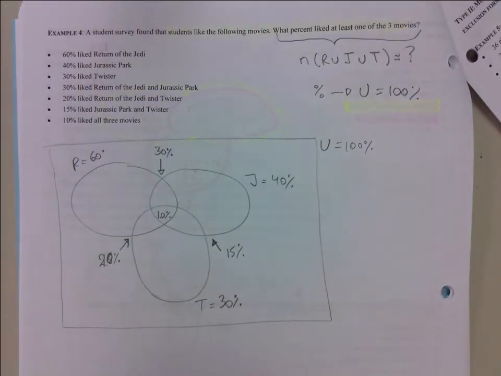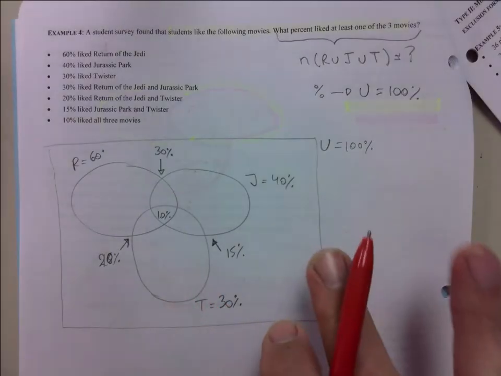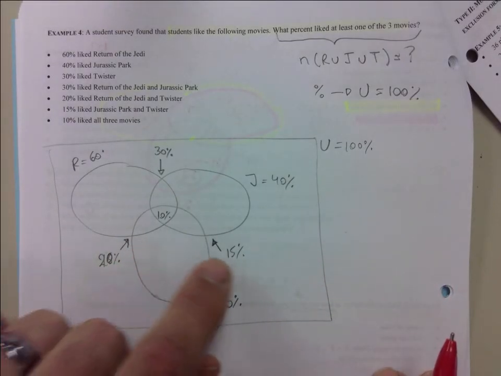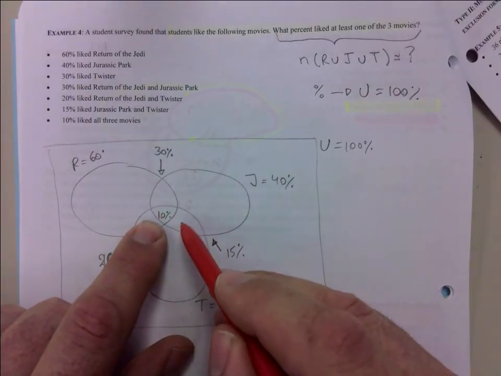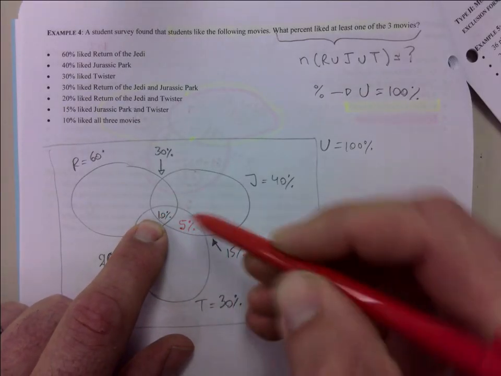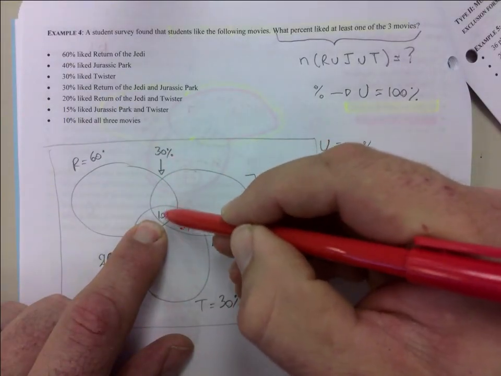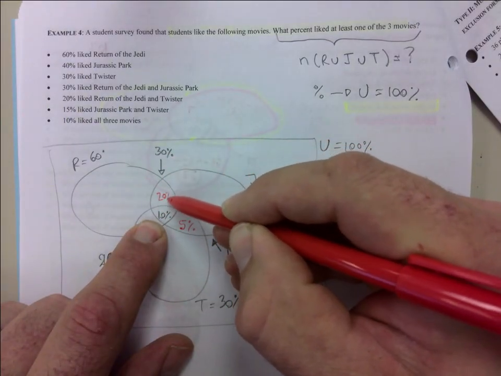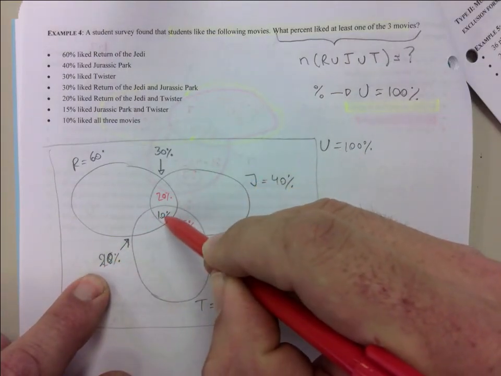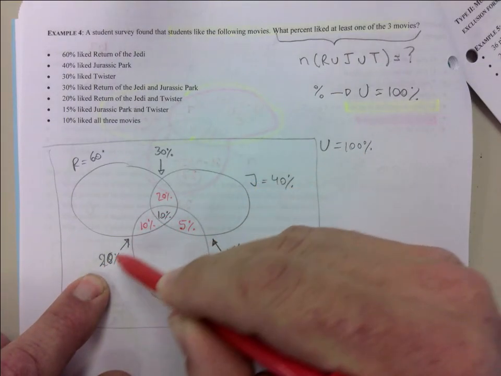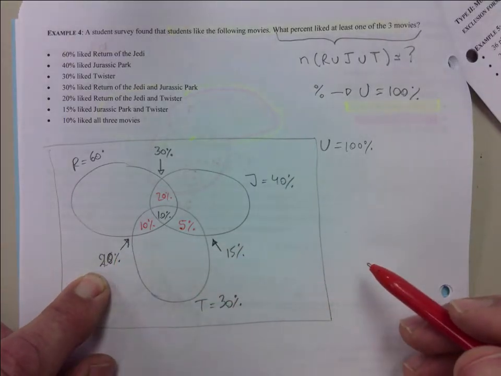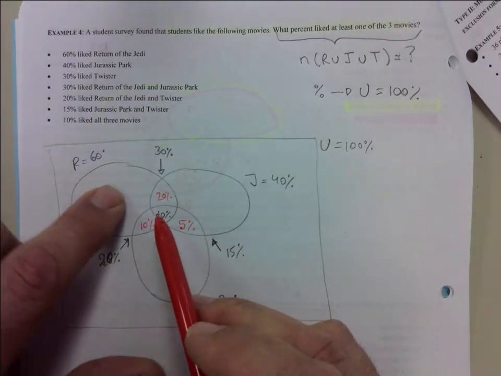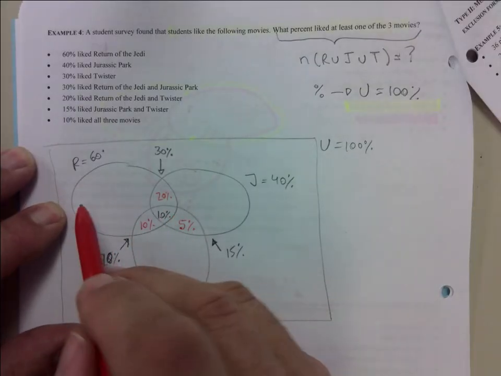If you get the middle, guys, it's usually, I wouldn't say it's a piece of cake, but it's a lot less work. So now you work your way out. If this is 15, this intersection, then this is 5, right? If this is 30, you have to go minus 10, that's 20. And over here, if this is 10, then this must be 10 because it has to add up to 20. Perfect. Now you focus in on one of these sets.